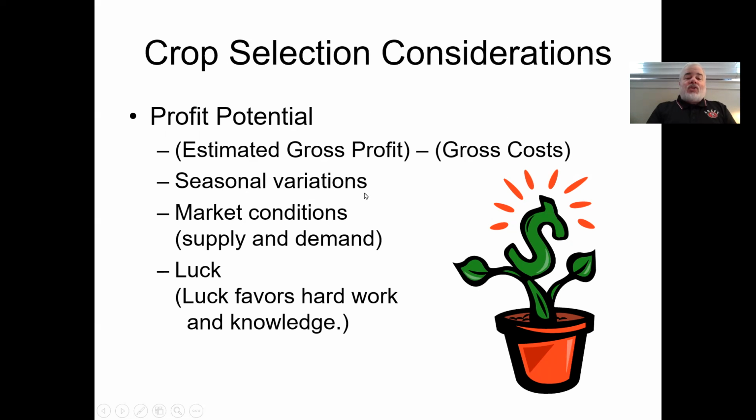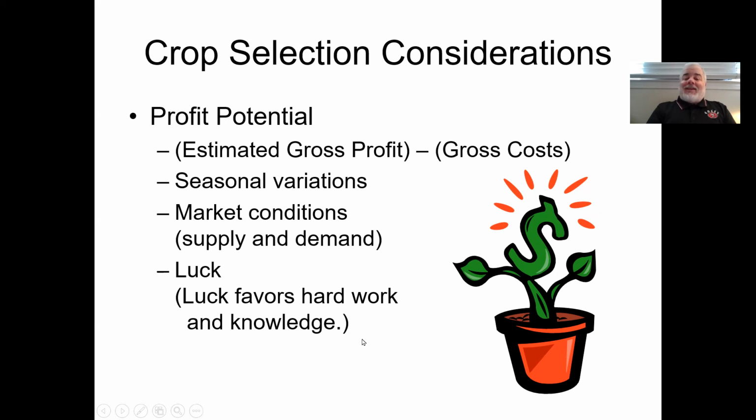There's seasonal variations as well. You know, prices go up and down at different times of the year. So if I'm growing lettuce, well, lettuce prices in April are different than lettuce prices in June or lettuce prices in September. And so you have to take that into account. Supply and demand, a little bit of luck.